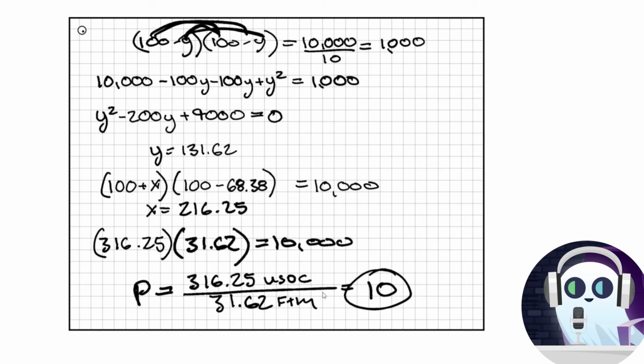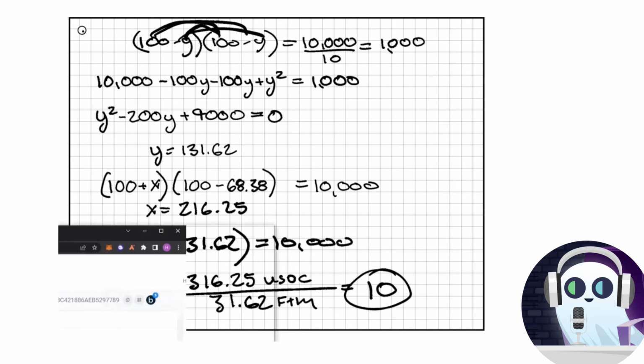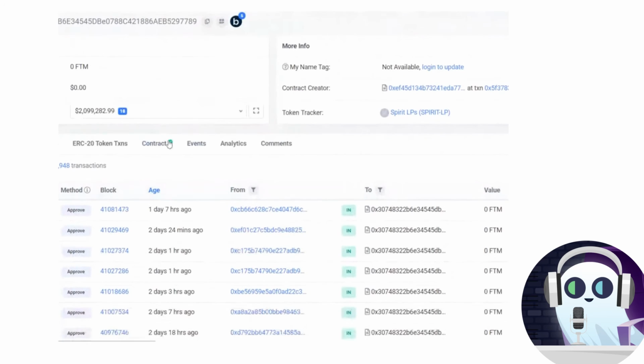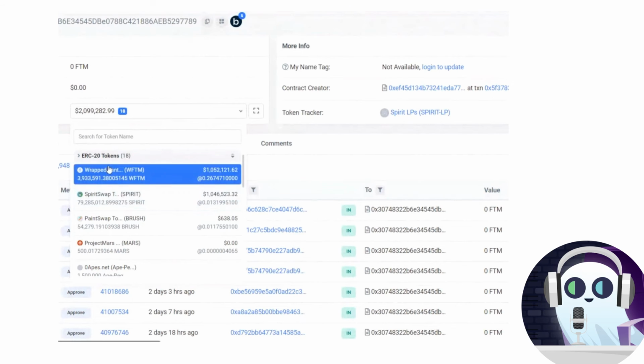If you wanted to do this on Spirit, to see how much FTM you need to get Spirit up to one Spirit equals 1 FTM, what you would have to do is go to the pair on FTM scan, and this would be your reserve here.